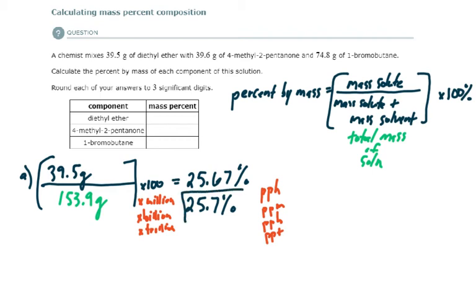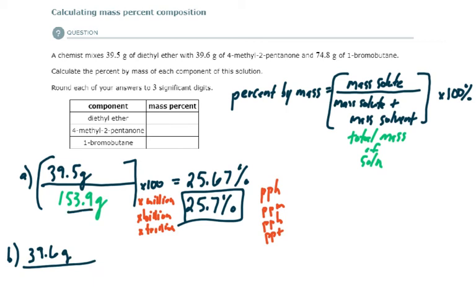All right, so let's do part B. So for part A, we have that. For part B, let's look at the component we got. We have 4-methyl-2-pentanone. So the mass of solute is 39.6 grams.